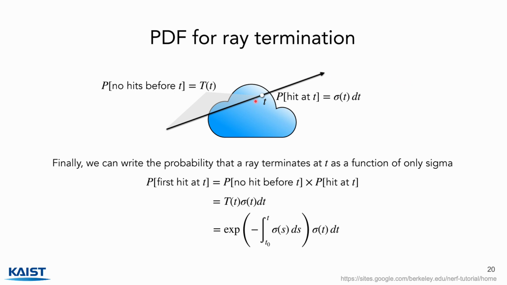By combining the two probability terms, we know how much you see the particle at t while surviving all the previous hits. T(t) can be calculated using only sigma, since the transmittance is conceptually an accumulation of not hitting anything before t. You can find the detailed derivation of T(t) in the paper using the Taylor expansion, and it's fully differentiable.